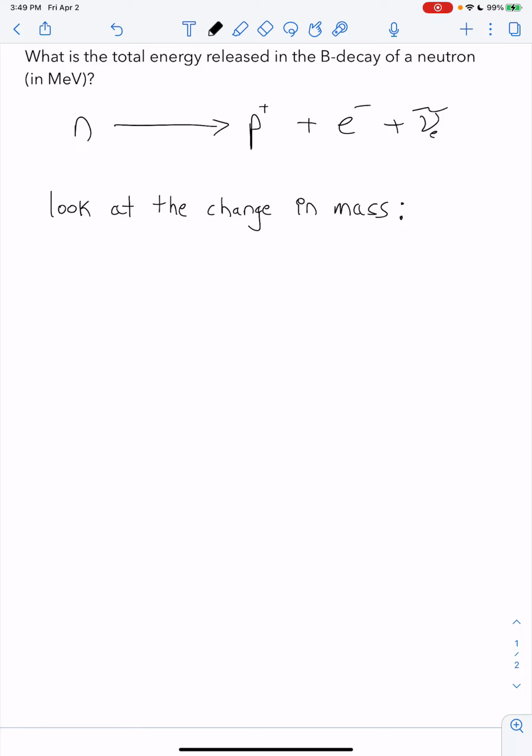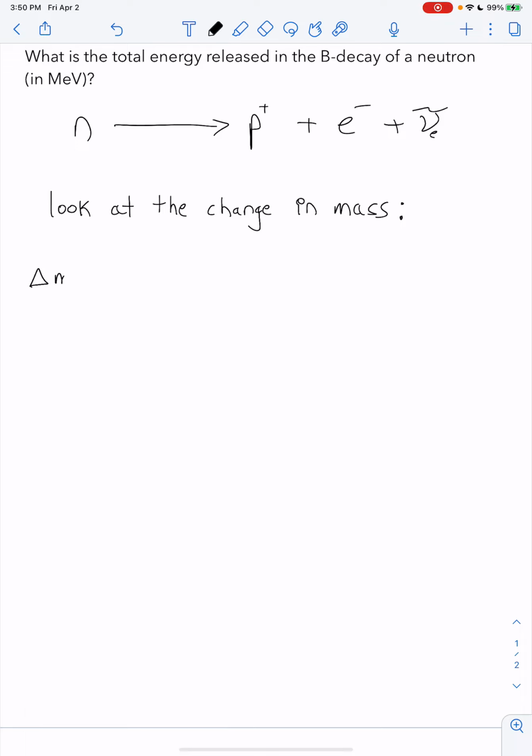It's worth noting that for all practical purposes, a neutrino is massless. It's not actually massless, but it's really small, and took decades and decades of work to figure out that it even had mass. Okay. So let's take a look at that change in mass.